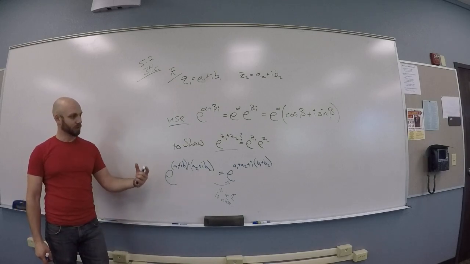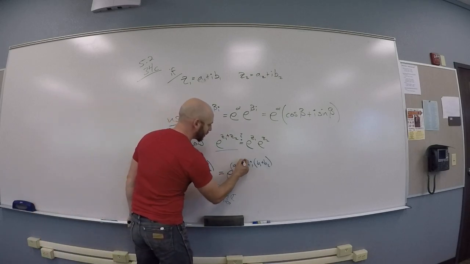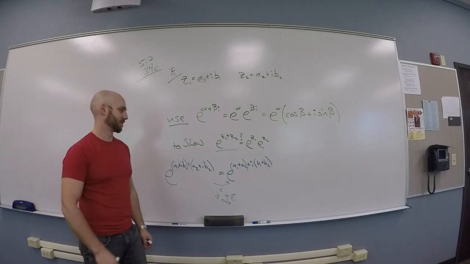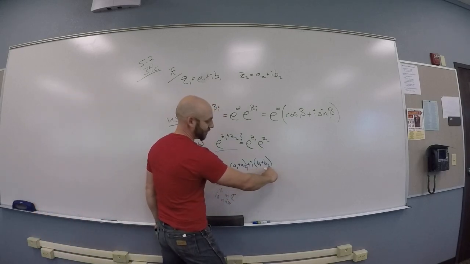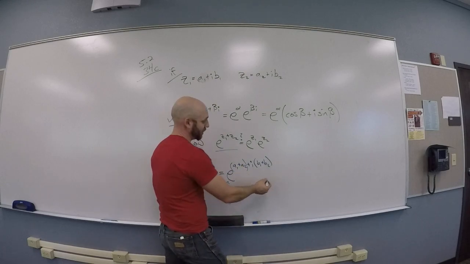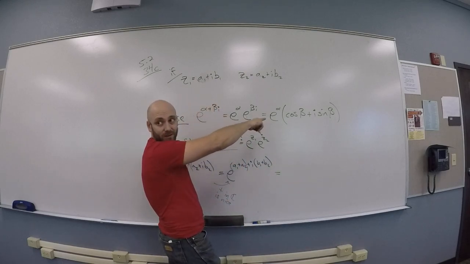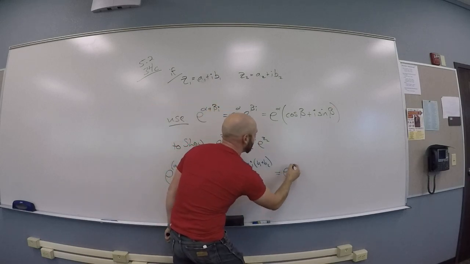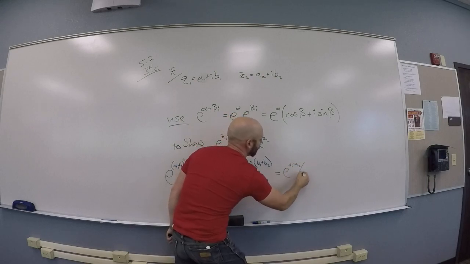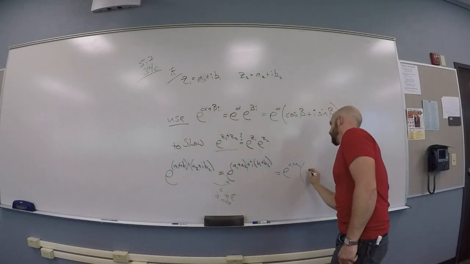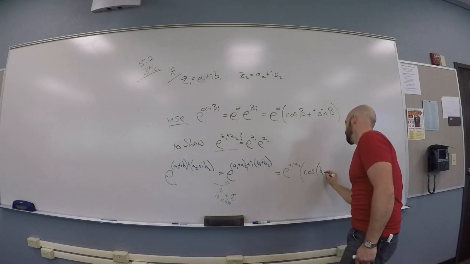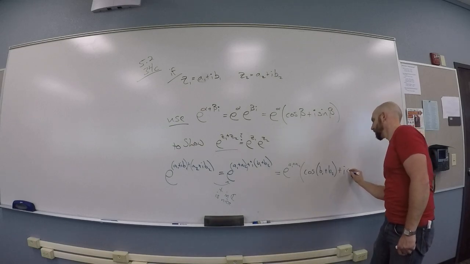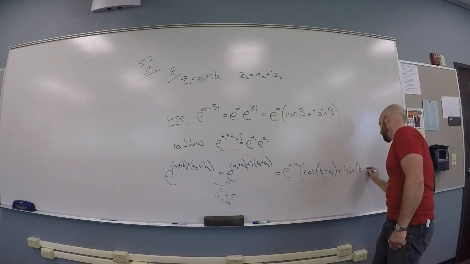Then you notice this is a-naught plus i b-naught, a's and b's with an i in between. So I can use this part to say that it's e to the a1 plus a2 times the quantity cosine of b1 plus b2 plus i sine of b1 plus b2.